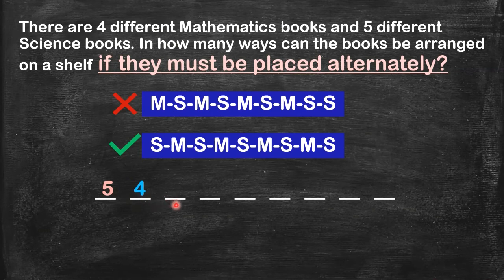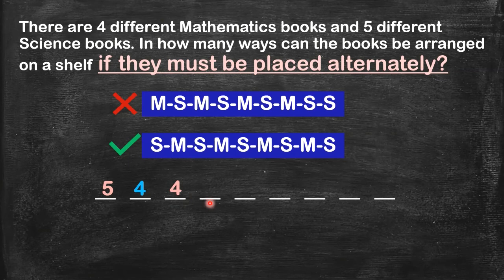Okay, what about for the third position? Science book. Ilang choices meron tayo? We only have 4 books to choose from, right? What about here? This is the next slot. Ito, math book dapat to.